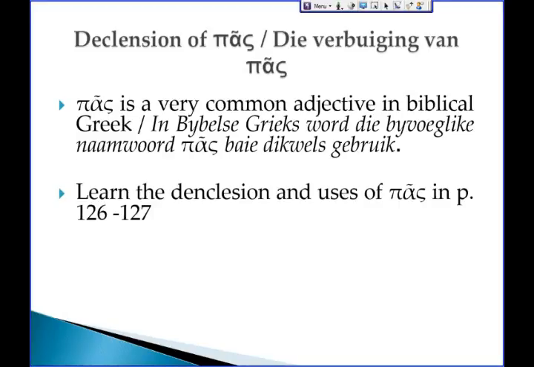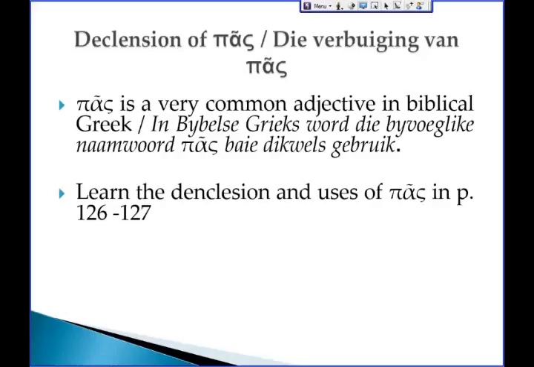As for the declension of pas, it is like the aorist active participle, lusas. It will follow the third declension in the masculine and neuter. But in the feminine it follows the first declension, all right?